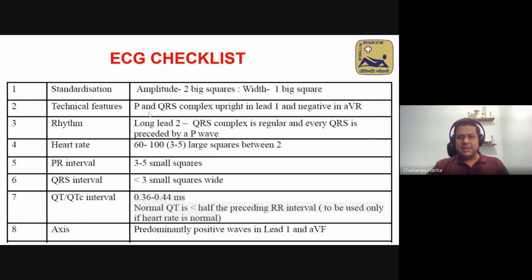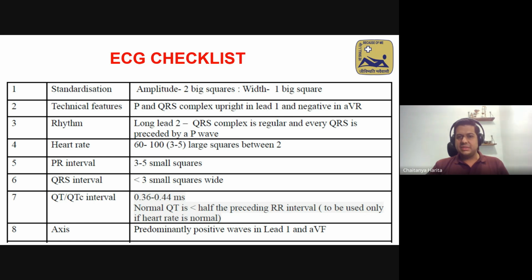This is just a brief recap from last class on the ECG checklist, which all of you are familiar with. But as I mentioned last time, always look at the standardization, which is important to look at 2 big boxes in length and 1 big box in width. Look for the PQRS wave, calculate the heart rate, look at the intervals and segments and the T waves in that particular order.